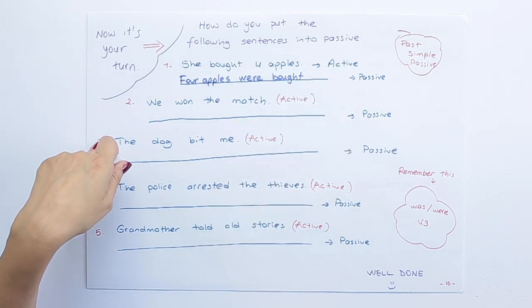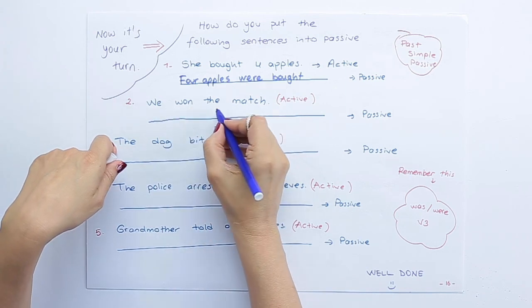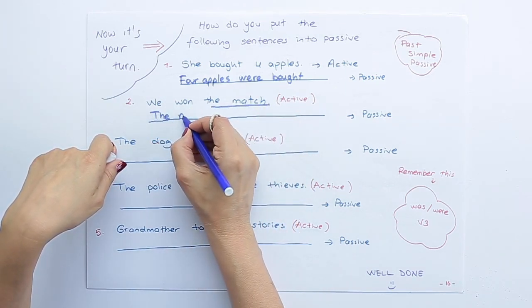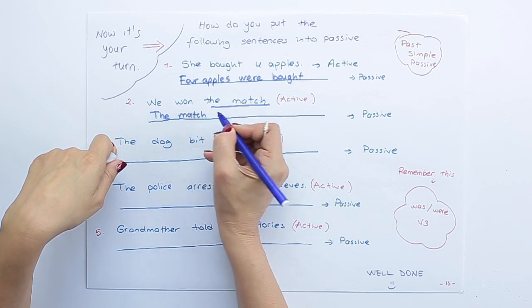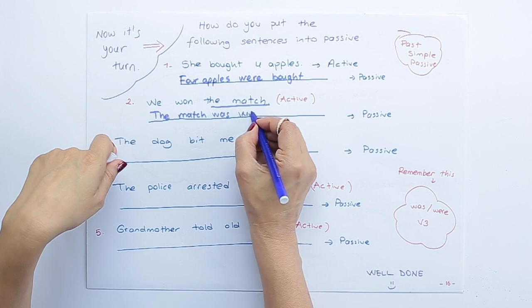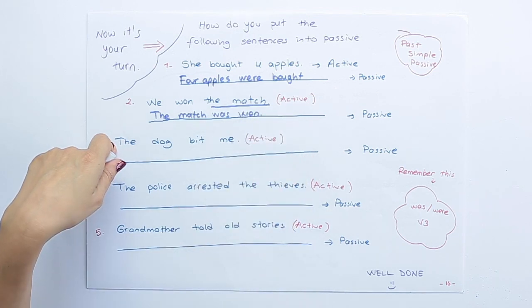We won the match. Active sentences. Now my subject is the match. The match was won. This is my passive sentence.